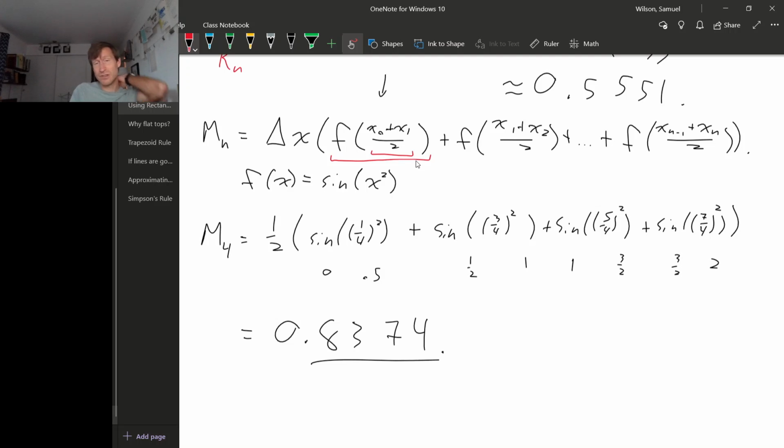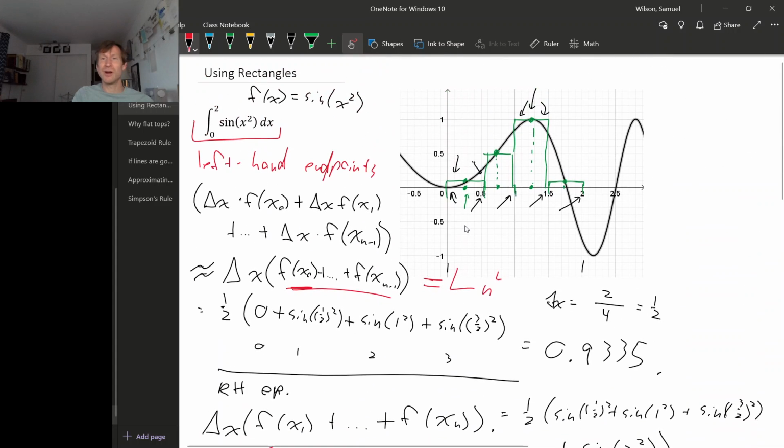So how these integral approximations usually get used out in the so-called real world is you have some function that you are working with, something like this, but you don't actually know the graph, and you don't have a formula for it.